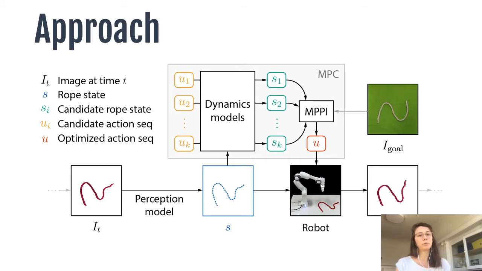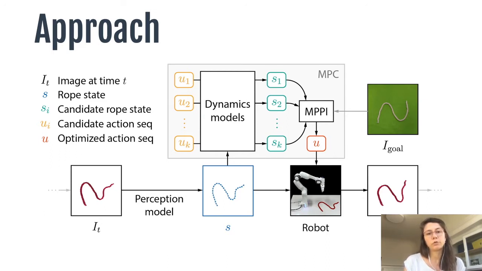The reason why we use the state space representation is because it allows easier planning and an easier inclusion of any kind of physics priors, and it will later allow us to do easier planning of knotting and not just of moving the rope on a 2D plane into a particular shape.